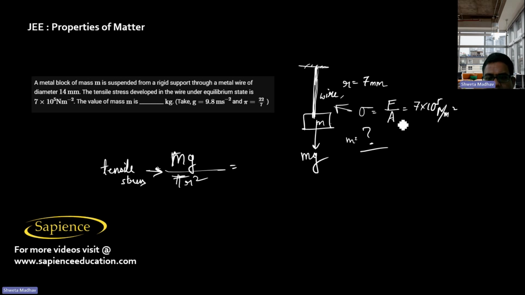And that will be equal to mg by pi r square.